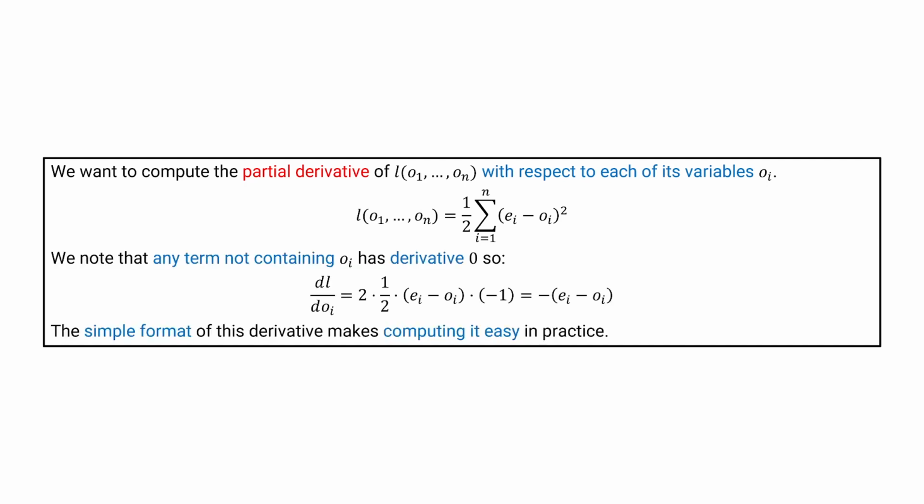And we're going to notice that all the other terms, since we're doing a partial derivative, all those other variables, we're going to treat as constants. So all the other terms in this sum are all constants. So there's only one specific one. I'm calling it Oi, one specific Oi. And we're going to pick that one out, and all the other terms are constants, and taking the derivative of them, they disappear.